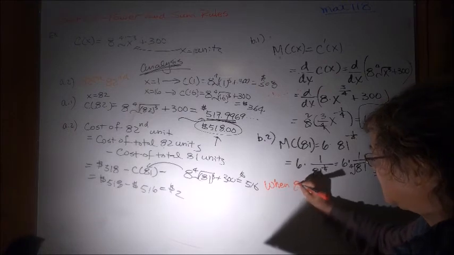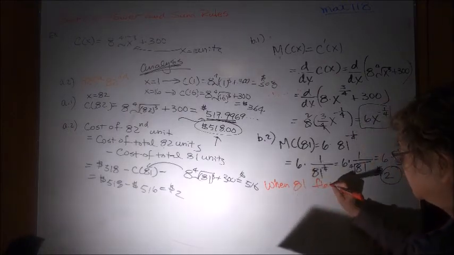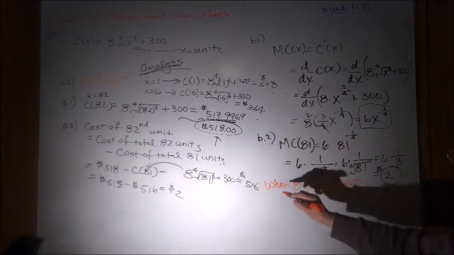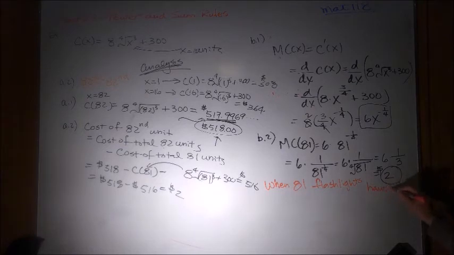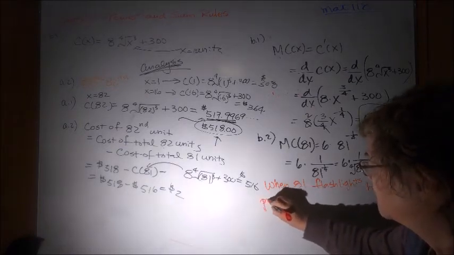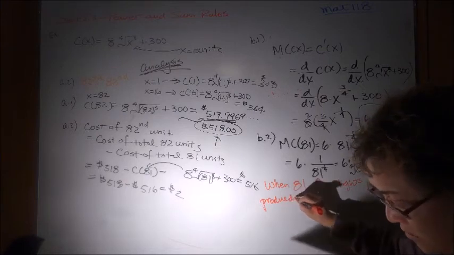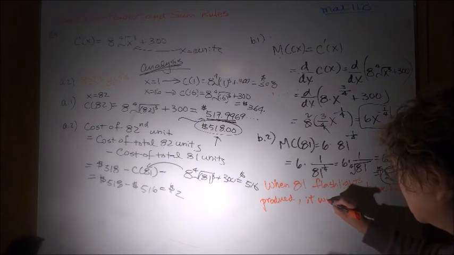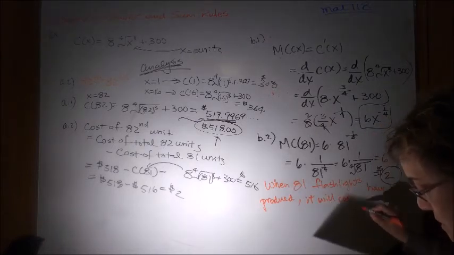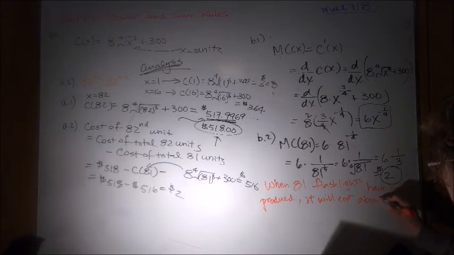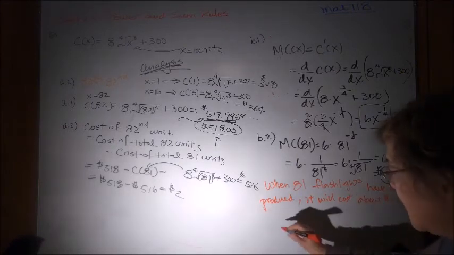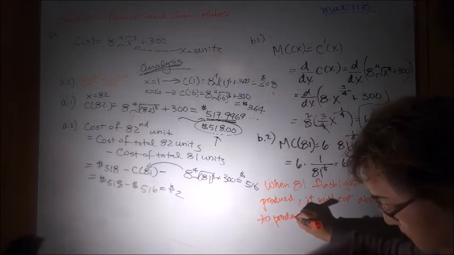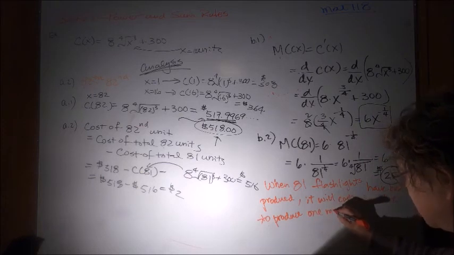When you produce the 81 flashlights, once those have been produced, then the marginal meaning is what? It will cost you about $2 to produce one more unit.